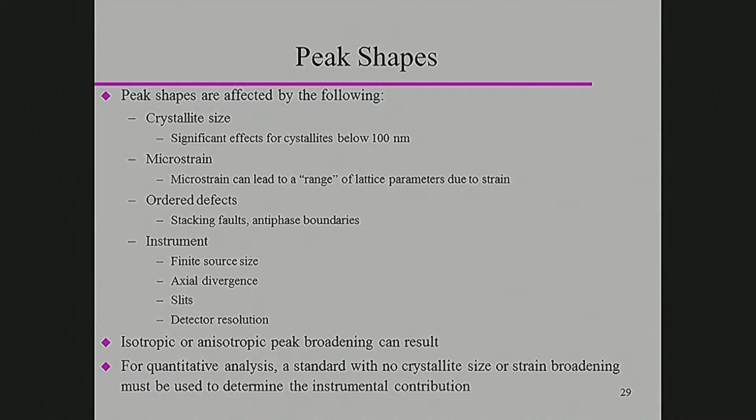We have some divergence, your slits, your detector, everything contributes. It turns out that a lot of these effects can be isotropic or anisotropic, so they could apply to all reflections or only to some of them. Quantitative analysis is best done by using a standard that has no crystallite size or strain broadening, because that way you can determine what the instrument contributes. So what do we mean with all of this?